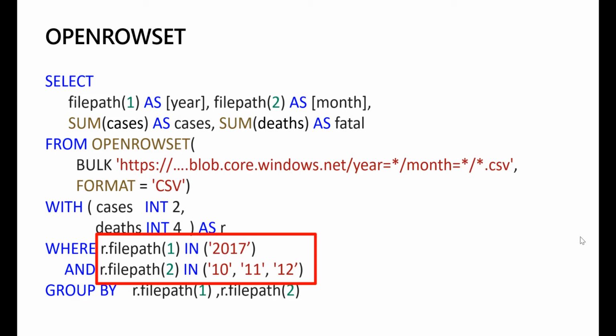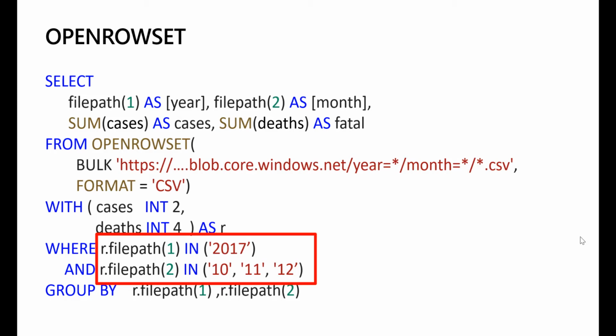In this example, I want to analyze all files in year equals something, month equals something folders. But in the WHERE clause, I'm specifying that I want the filepath, that is the first wildcard, to be equal to 2017, and I want the second wildcard to be 10, 11, or 12.